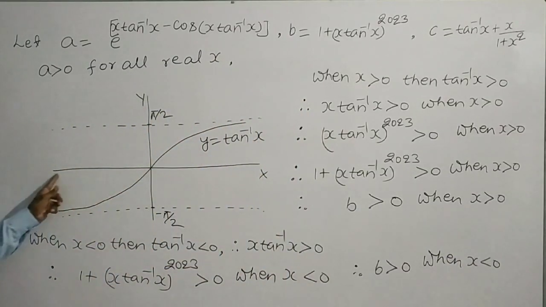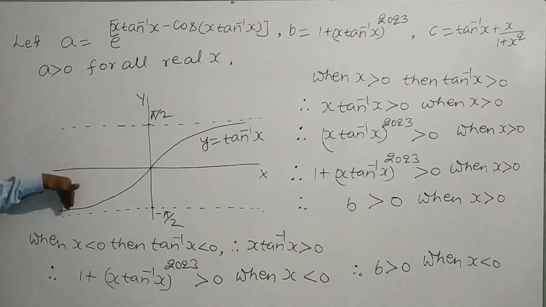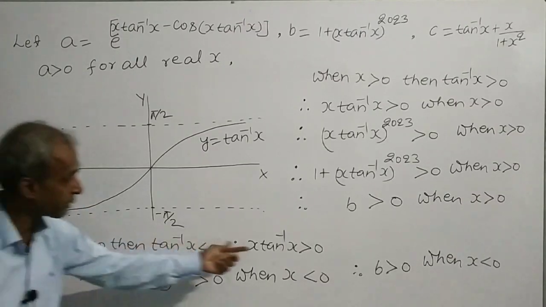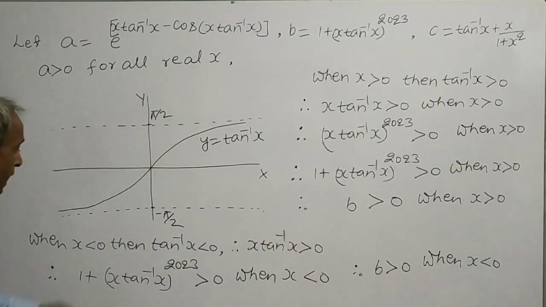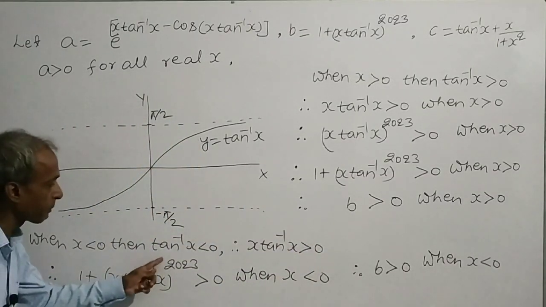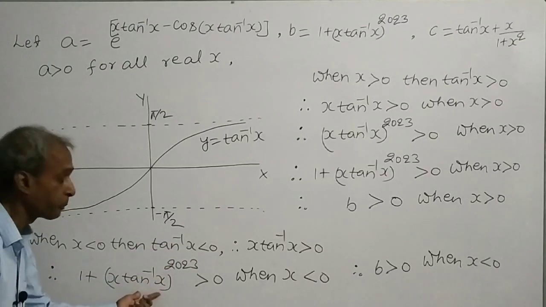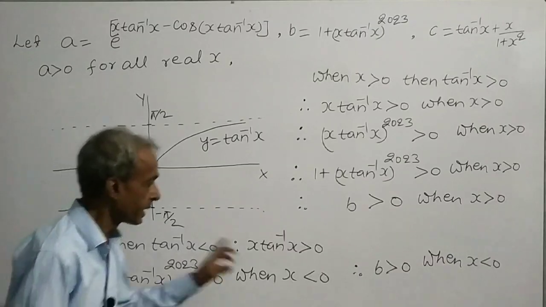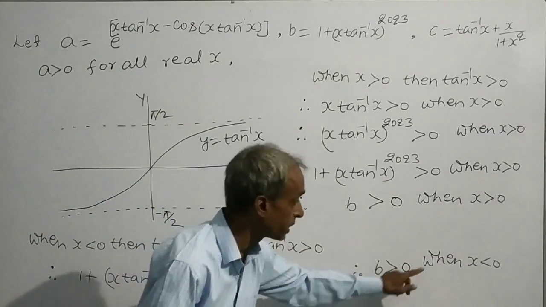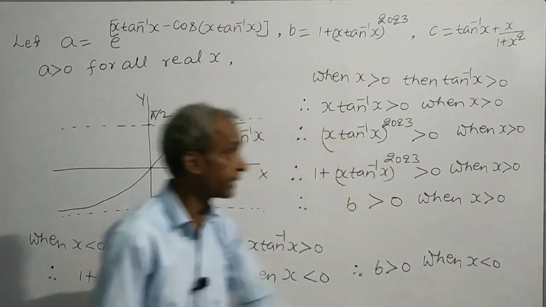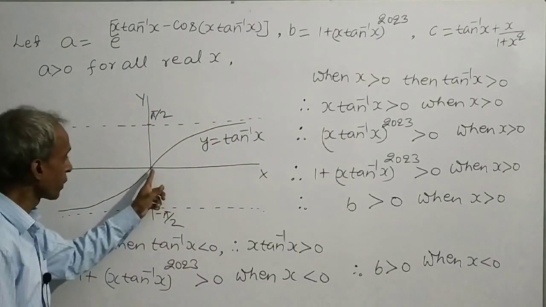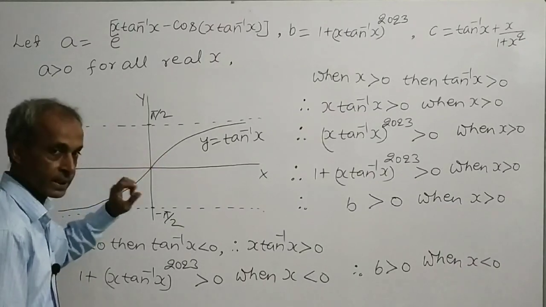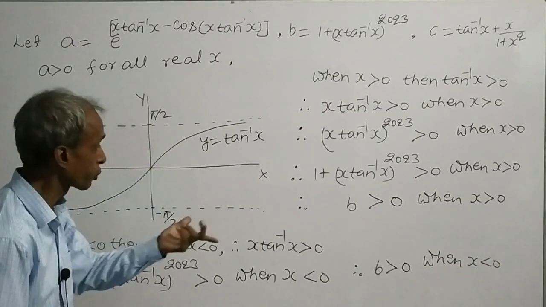Similarly, when x is negative, then tan inverse x is negative, and negative times negative will be positive, and a positive number to the power 2023 will be positive. 1 plus positive will be positive. That means B will be positive when x is negative. When the x coordinate is 0, the graph passes through the origin, that means the y coordinate is also 0.